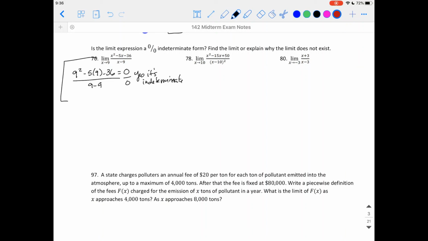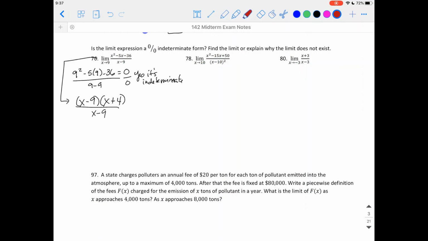So coming over here, x squared minus 5x minus 36. x times x will give me the x squared. Two numbers that multiply to give you -36 and add up to -5x are going to be -9 and +4.